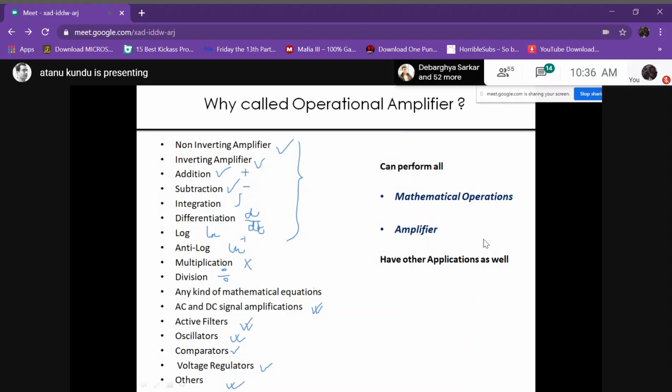Is there anything not in the list? That's why 70% of the syllabus is full of op-amp. If you learn op-amp, then you can design anything. As I told you, in the microelectronics or VLSI part, you'll also learn the op-amp blocks, and finally you'll be designing op-amps with the help of MOSFETs. So it can perform all mathematical operations and also the amplification process.